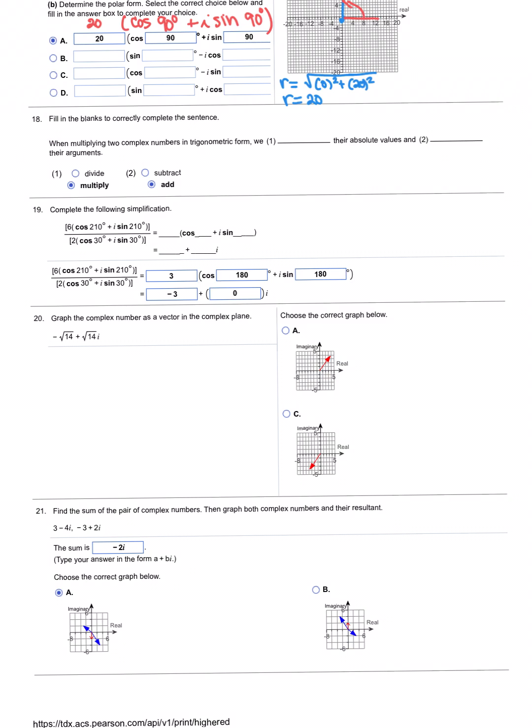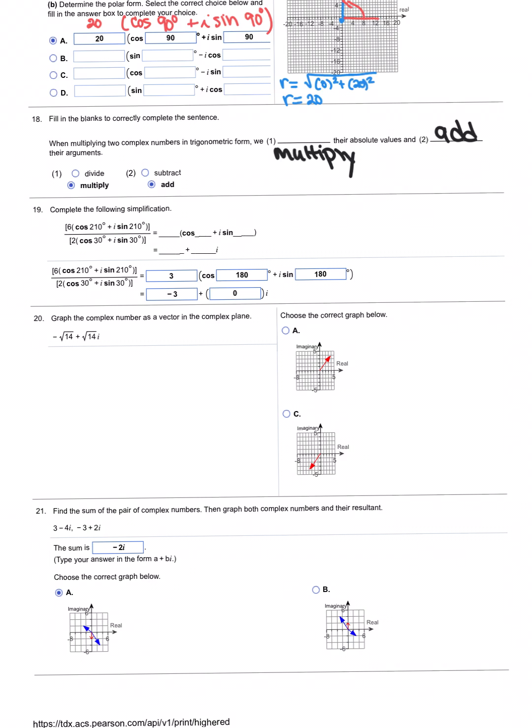Number 18. When multiplying two complex numbers in trigonometric form, we multiply their absolute values. In other words, we multiply their r's and we add their arguments or their angles.